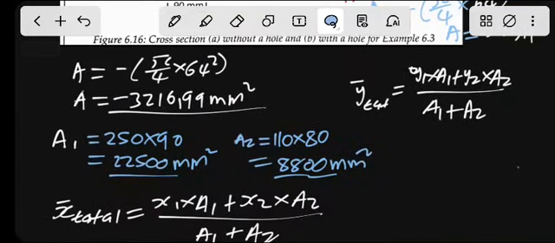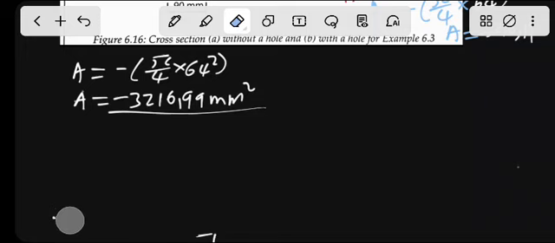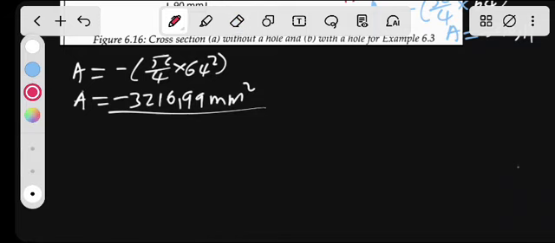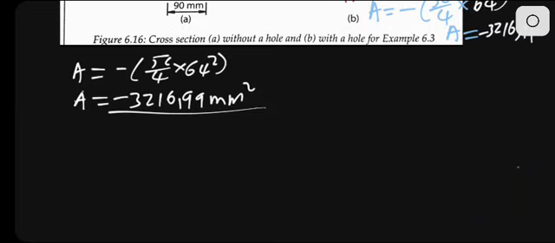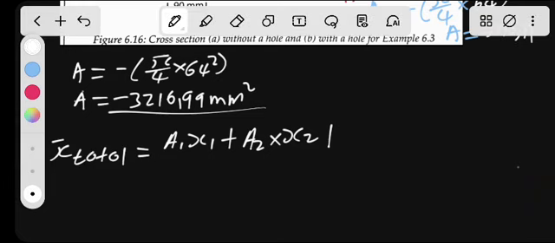So again, we know that x bar total, or I can say x bar, will equal area 1 multiplied by x1 plus area 2 multiplied by x2. Now we have, must be minus, now it will be x3.